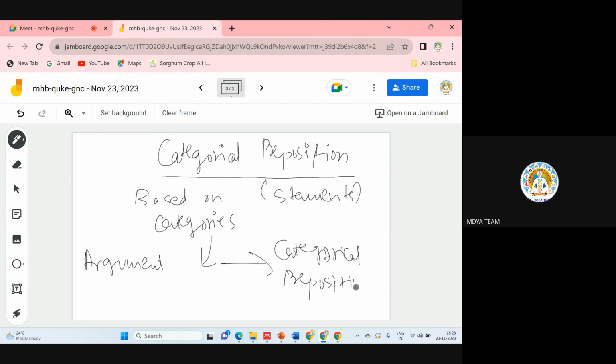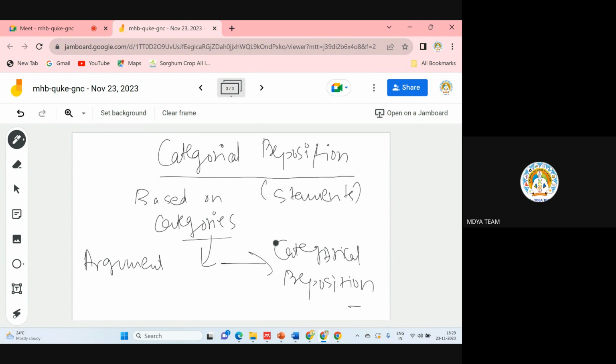For example, what are categories? Categories can be anything. In our class, we can make categories on the basis of infinite things. For example, on the basis of gender, one category will be male, one category will be female. On the basis of native place, there will be 28, 29 categories based on our state. On the basis of date of birth, one category is persons born in May, persons born in June. On the basis of likings, persons who like oranges, persons who don't like oranges.